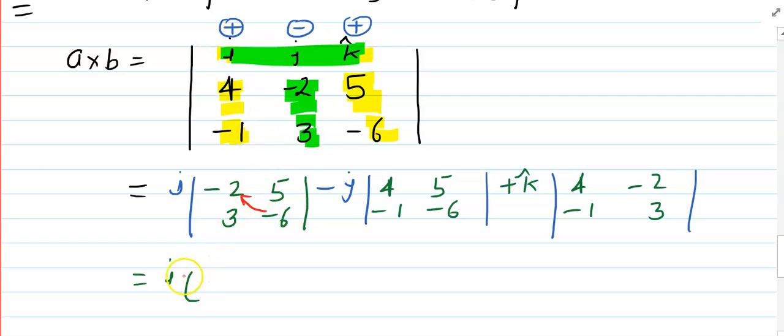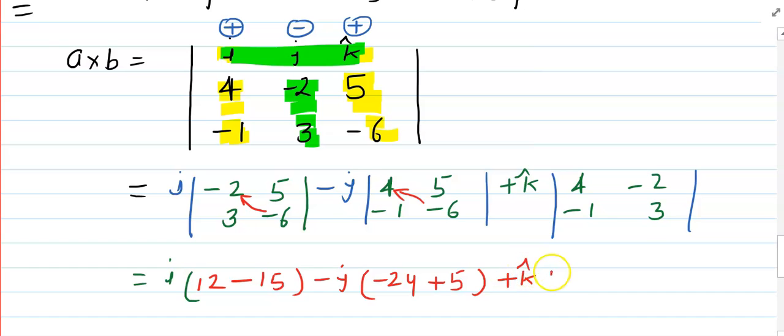Minus 6 times 2 becomes minus 12, plus 12, then minus sign, 3 times 5 is 15. So 12 minus 15. Then it is minus j. Minus 6 times 4, that is minus 24. Minus 1 times 5, minus 5, and then minus sign from here, so it will be plus 5. Then it is plus k. Now 3 times 4 is 12.